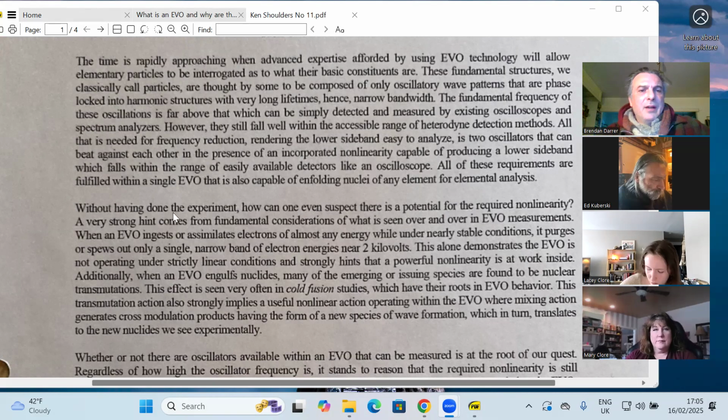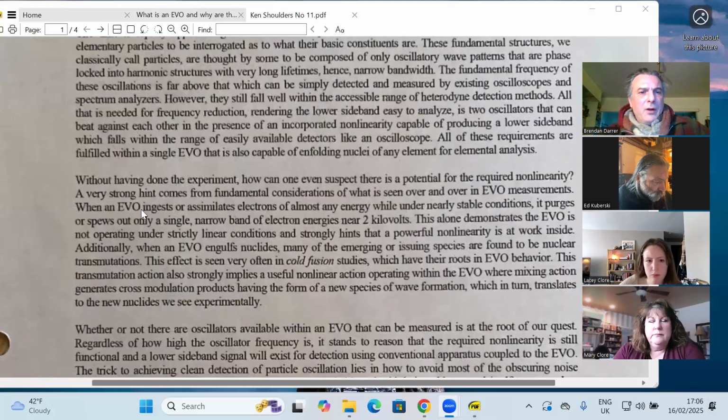Without having done the experiment, how can one even suspect that there is a potential for the required non-linearity? A very strong hint comes from fundamental considerations of what is seen over and over in EVO measurements.